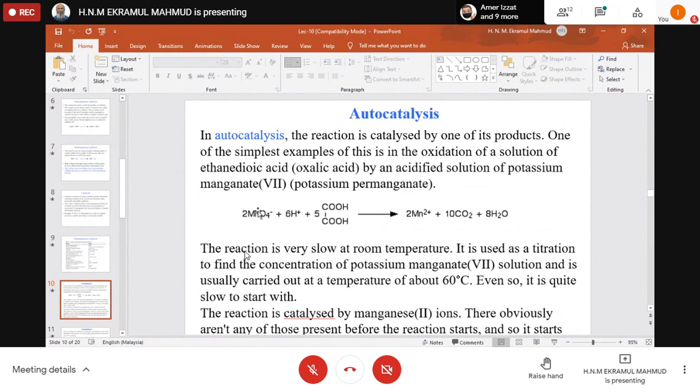That means we do not need to add any extra catalyst, but it is generated from the reaction, from the reactants. It just forms a product, and this product immediately acts as the catalyst. This is autocatalysis. But if you hear the term autocatalyst, then it refers to automobile catalysts.